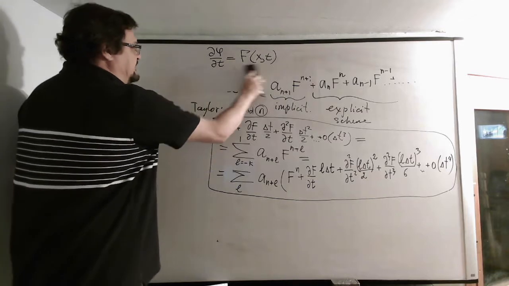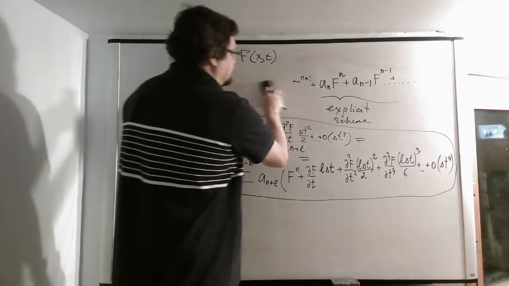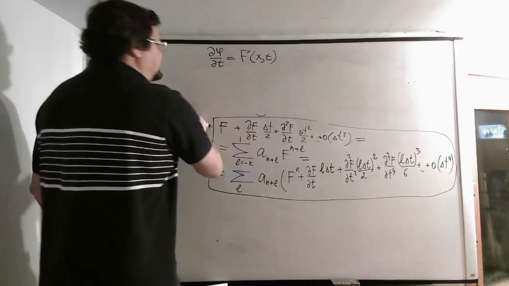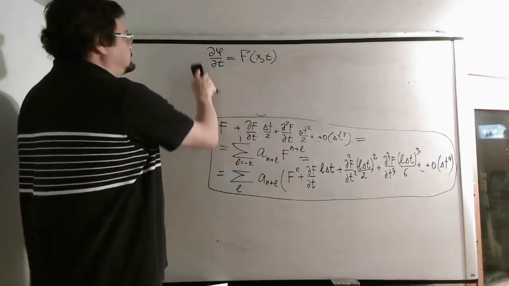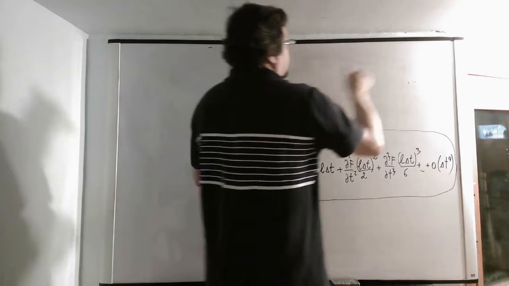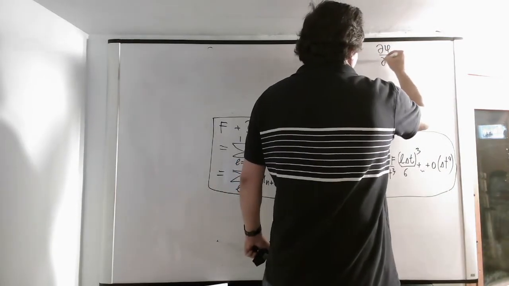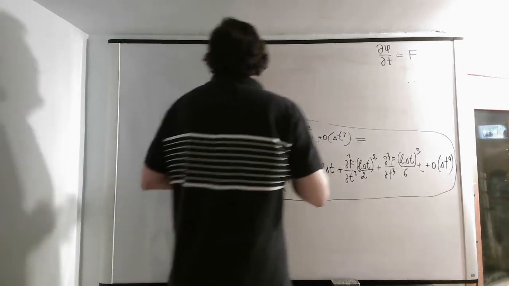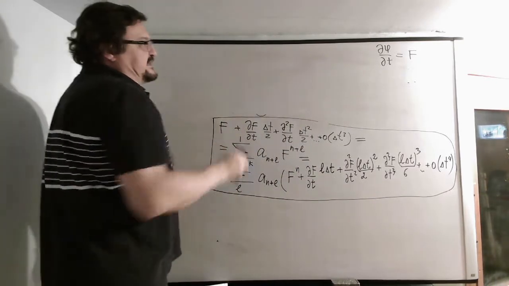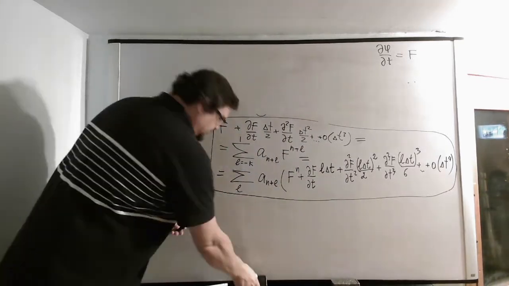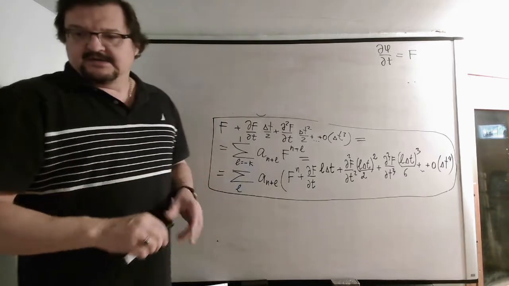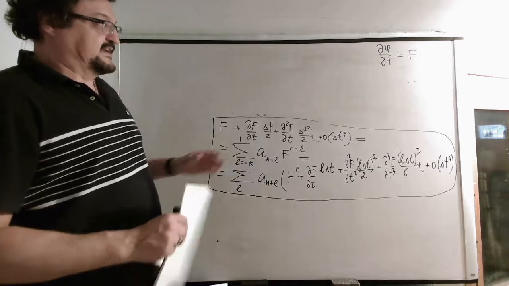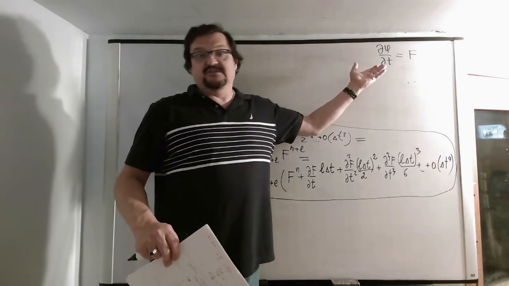So now let's apply it for various types of schemes. Let me write it here. d phi dt equals f. So these are various schemes that are used to solve this type of equation, which basically all our equations can be written like that.